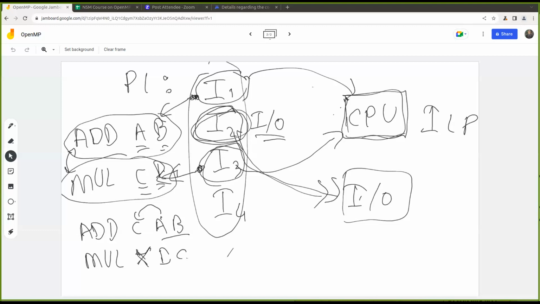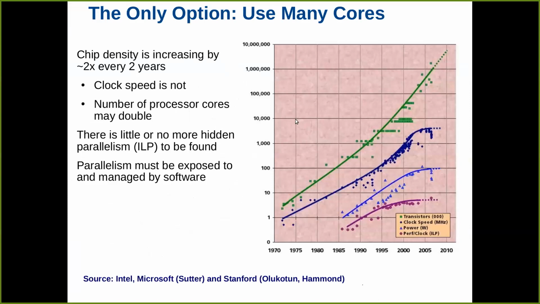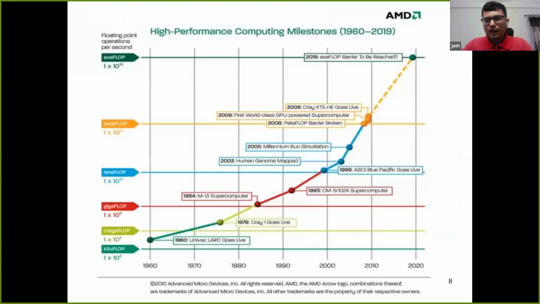The whiteboard is what you are displaying right now. Okay, I think I need to share again. Okay, I think now it should be visible. Yes, it is.